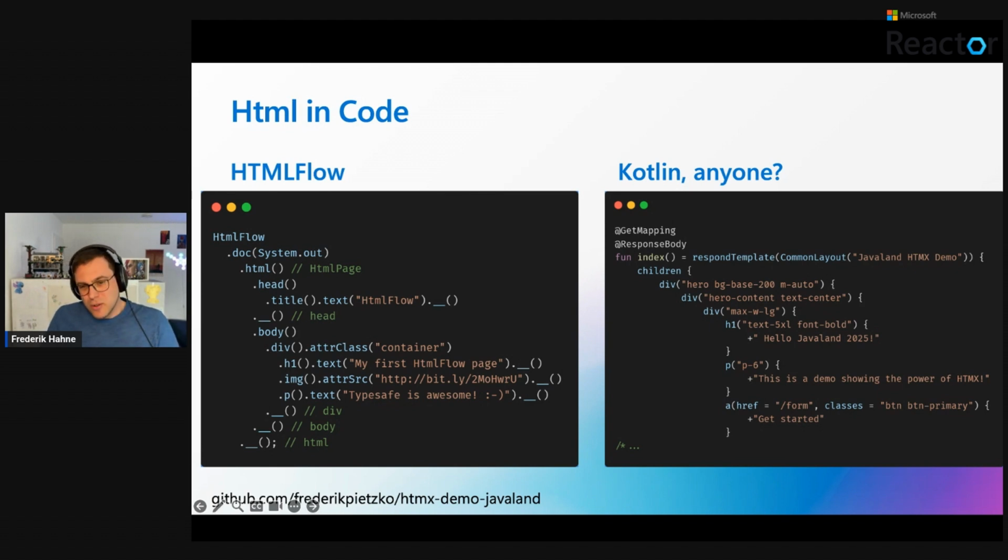It's working good, and with Kotlin it feels okay to use. With Java, with all this bloat here and the need to close the tags with a function call, it feels a bit strange, but it's a very nice way to create reusable components because they are just a function call. Like you see here in the right part, the common layout is just a function call, and it's a template which is rendered then, which is very nice.